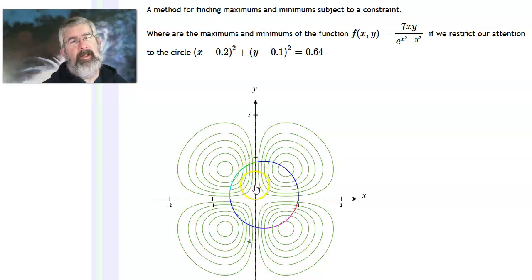If we were doing this as find the maxes and mins in the region, you would first of all look for the critical points. And I can see from the topology, from the contour plot here, that there are 4 critical points. Actually, there's 5. There's a saddle point right in here, and then there's 4 maxes or mins.